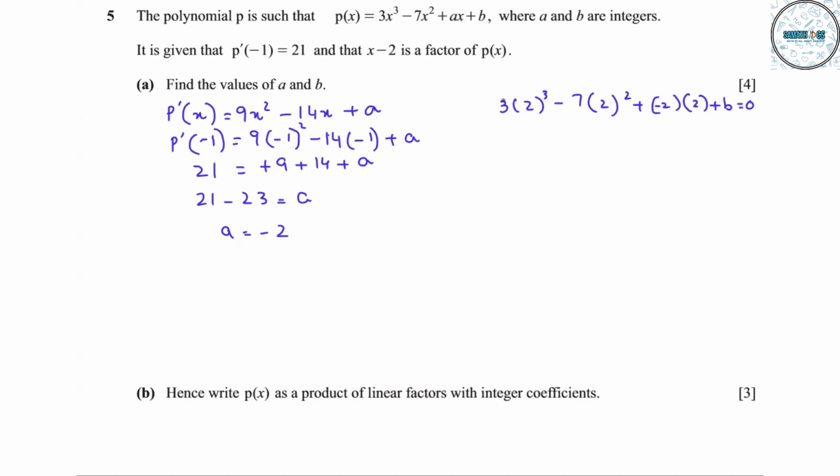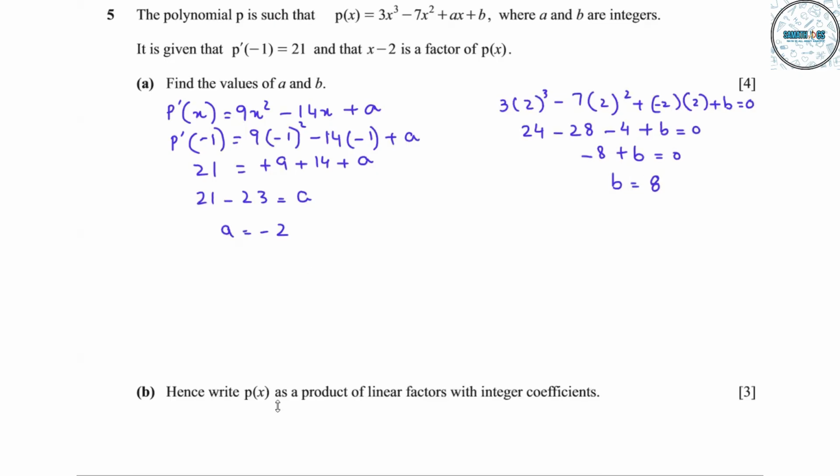So 2 cubed is 8, 8 threes are 24. 2 squared is 4, 4 sevens are 28, minus 28, minus 4 plus b is equal to 0. 24 minus 4 is 20, and 20 minus 28 is minus 8. So minus 8 plus b is equal to 0, and b is equal to 8.